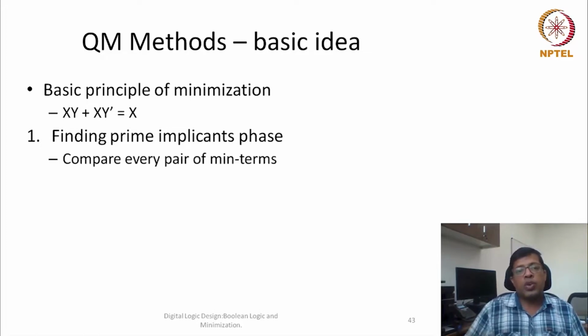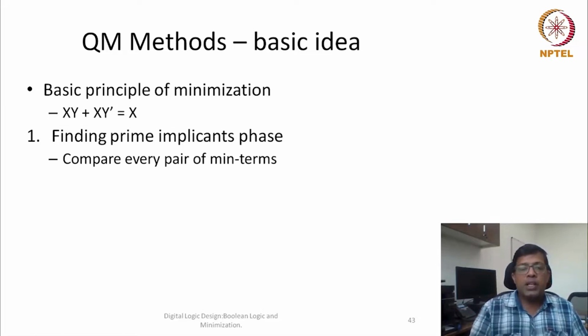To find what all prime implicants are there, as a systematic approach, we compare each min term with the other min terms. Let's say there are n min terms, so there would be n into n minus 1 comparisons. We compare each min term with the other min term and see whether this minimization is possible or not.